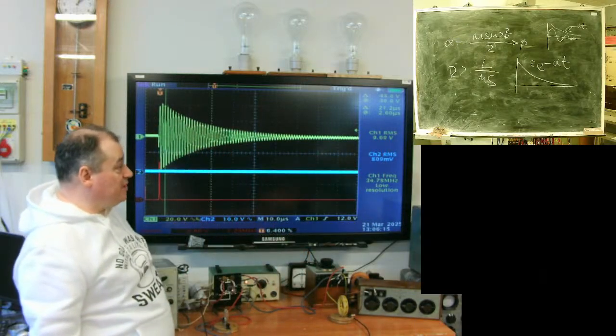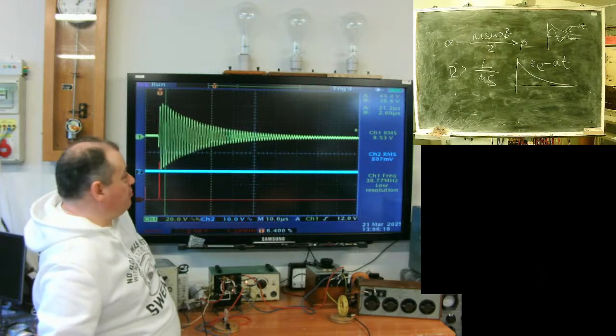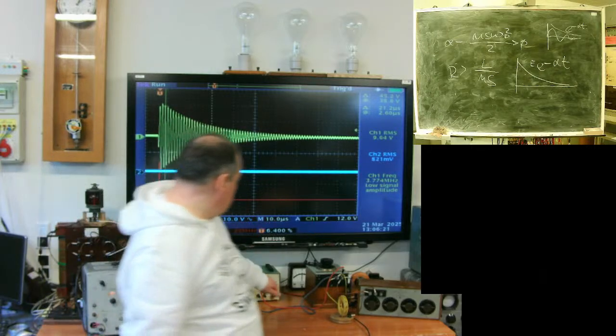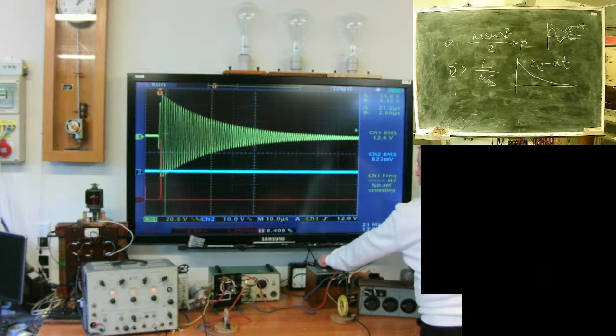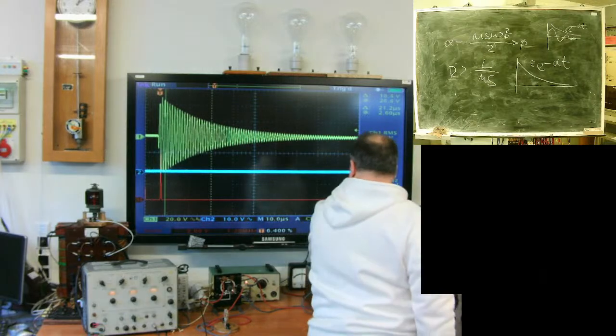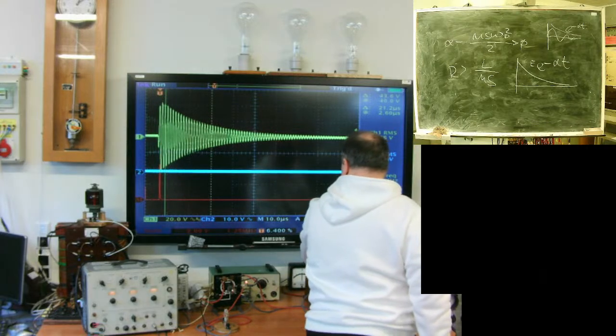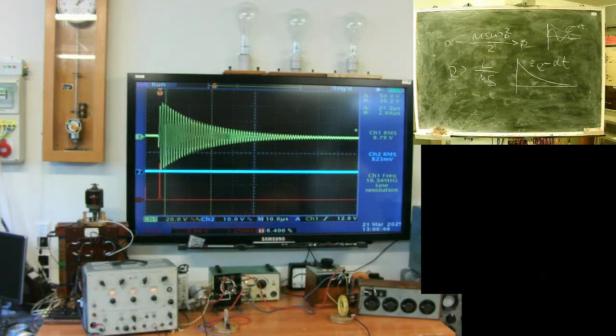There's one more moment. If you see omega 0 here, I'm changing capacitance, but it also changes the timing of the process. Okay, let's select something like this. Can we see it? One moment.